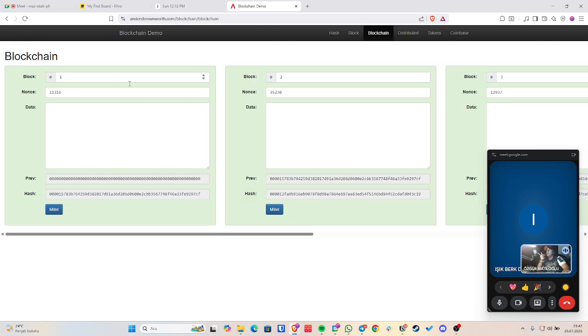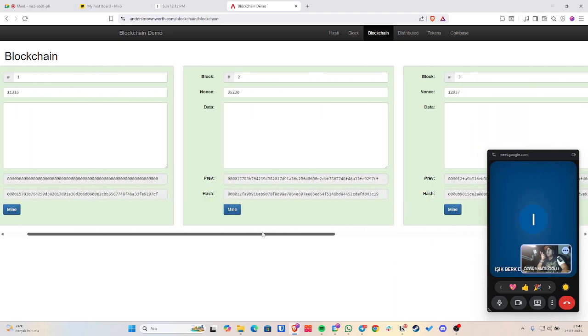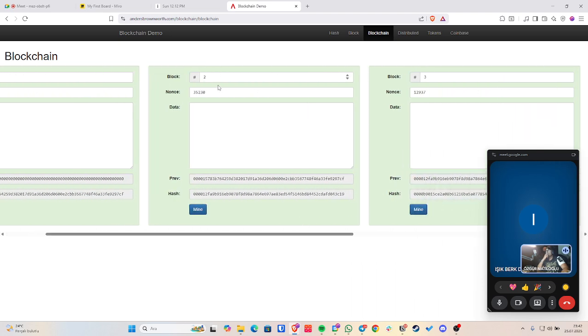So here in block one, block three, block six, etc. Let's do it on block three. We changed the nonce field. We couldn't find it, but we didn't actually change the whole hash. It helps us that we are not changing the whole hash, but just incrementing or decrementing the nonce field. But we have found it.